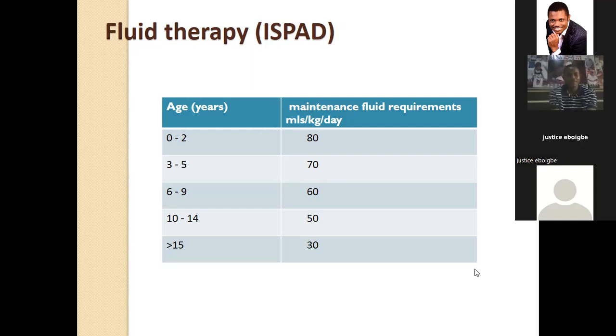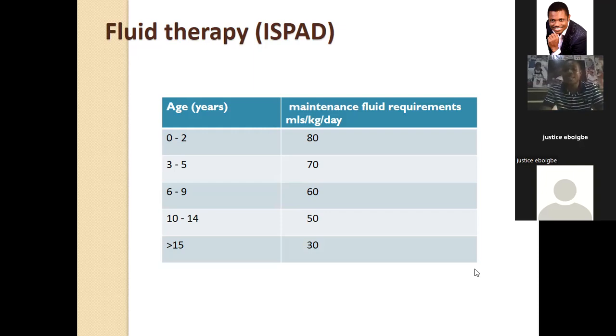Daily maintenance, the weight is 25, times 60. So that gives you 1,500 mils, Abi? Yes. This is the fluid that you are going to give the child.